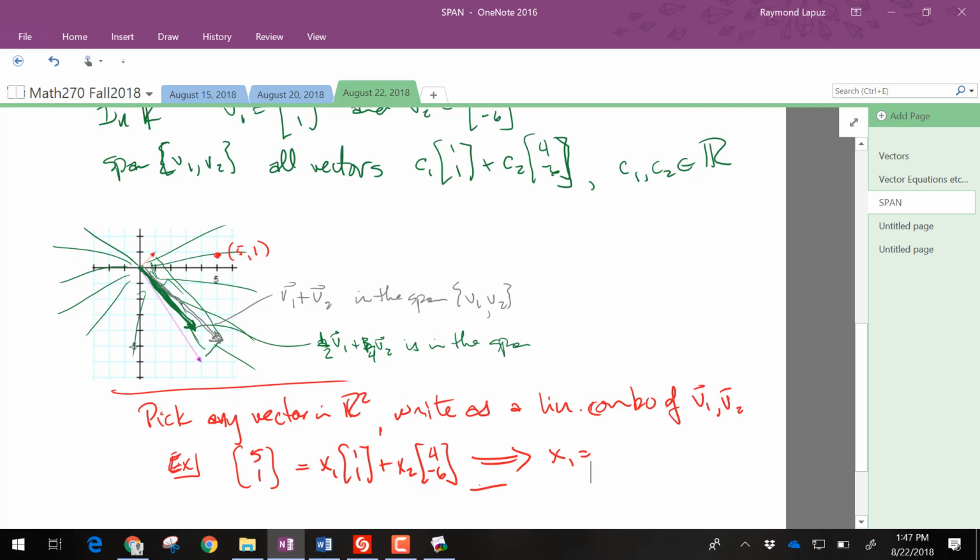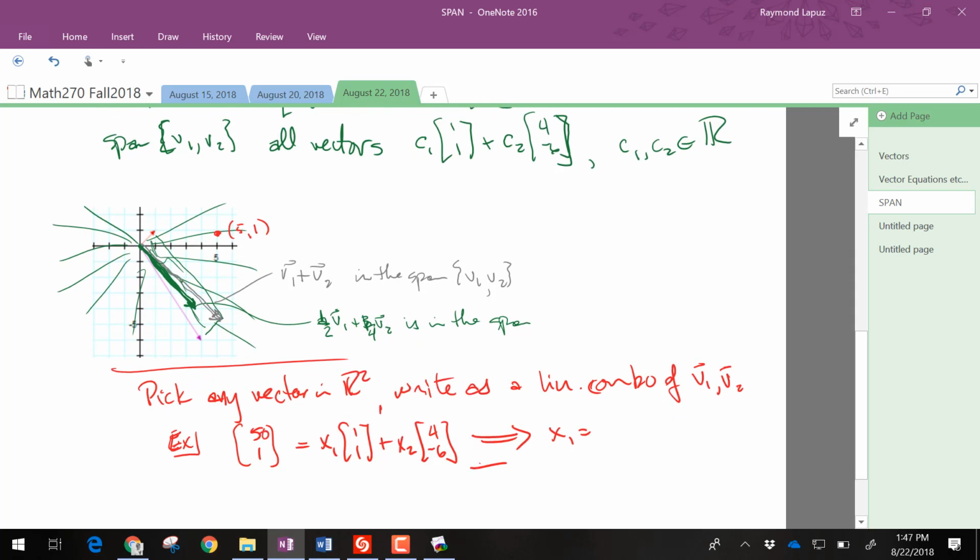Oh, you going to say 50? Oh, let's put 50 and 100 back. 70 and negative 5. Bam. So yes, we can write this. And we randomly chose that, the randomness is we could pick anything. So the idea is that we could put any number here, and that we can always find a linear combination of those 2 vectors.